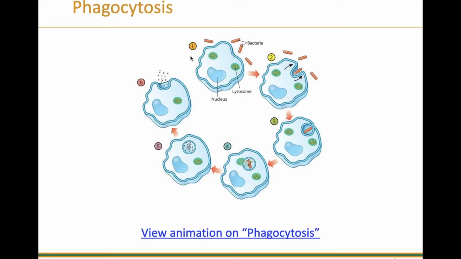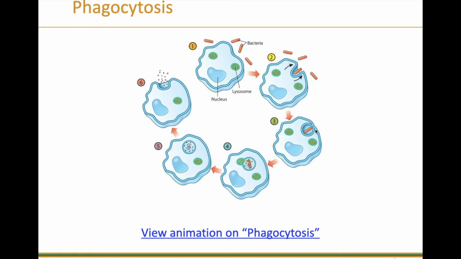Okay, so phagocytes are these cells. Their job is to ingest and destroy microorganisms or other small particles. When a phagocyte encounters a microorganism, it sends out membrane projections called pseudopods. Then those pseudopods are going to envelop this particle, forming a sac called a phagosome.